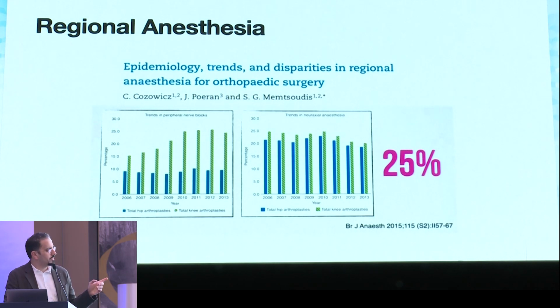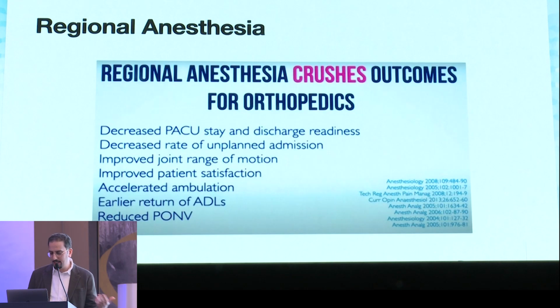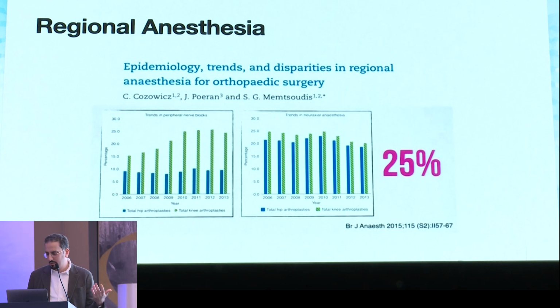On the left is the peripheral nerve blocks, and on the right, neuroaxial, which includes epidural and spinal. Only 25% of procedures were done under these techniques. I think from 2006 until now, we've moved significantly forward, but it's still a low number, if you ask me, especially when we've seen all of these results.